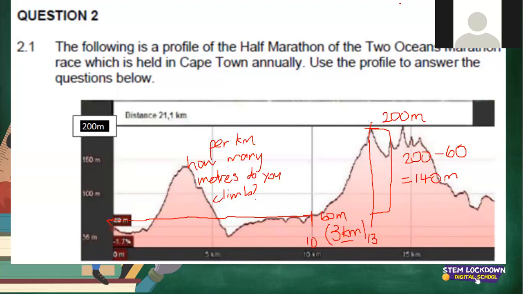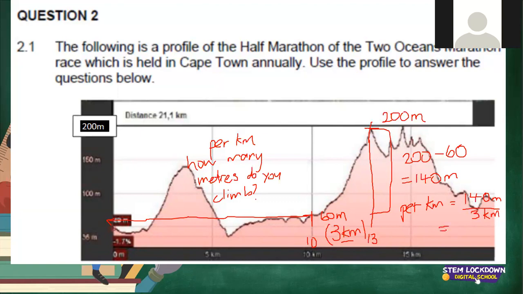My answer should have been: per kilometer is equal to 140, which is what you climb up, meters, divided by 3 kilometers.